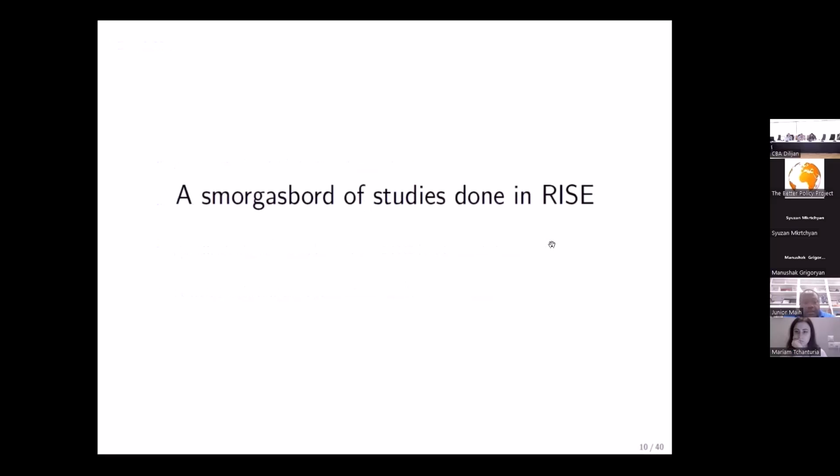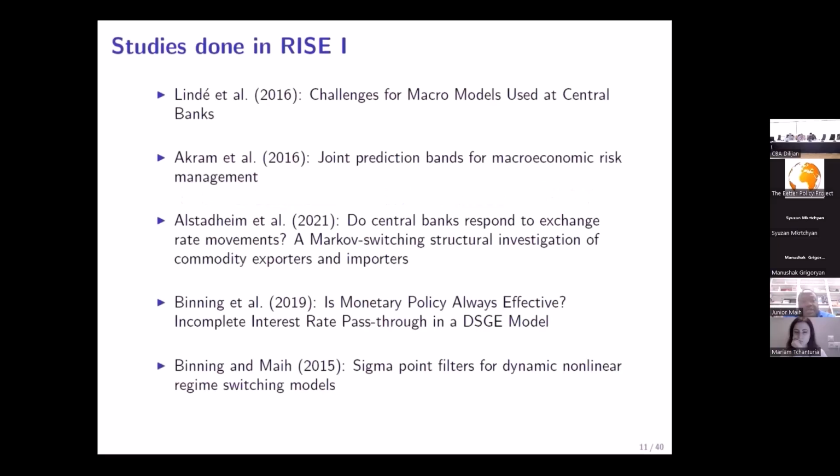Okay. So there are lots of studies that have been done with RISE. I'm just going to mention a few in passing. Challenges for macro models used at central banks by Linde, Smets, and Wouters. Do central banks respond to exchange rate movements? A Markov switching structural investigation.